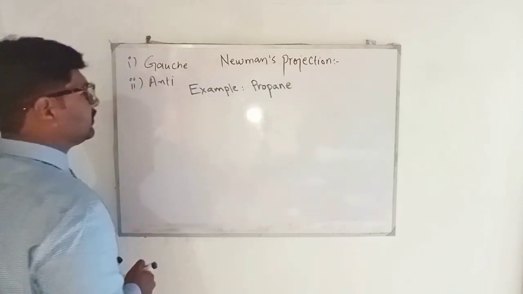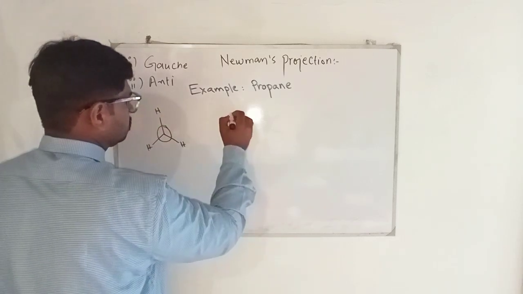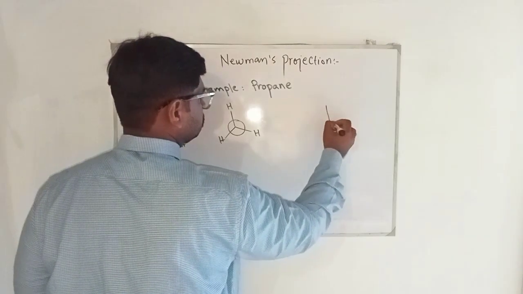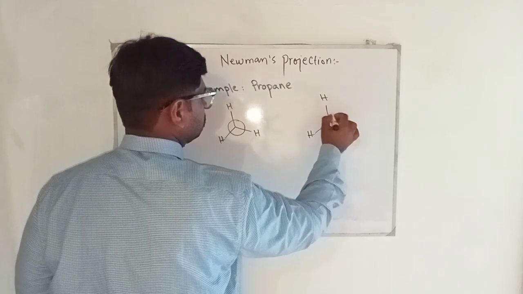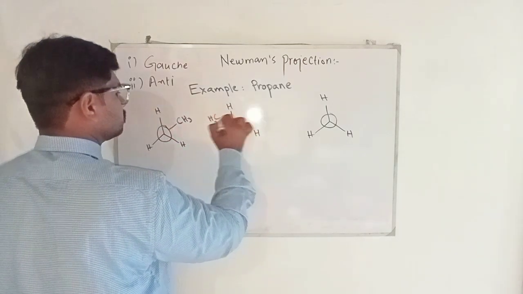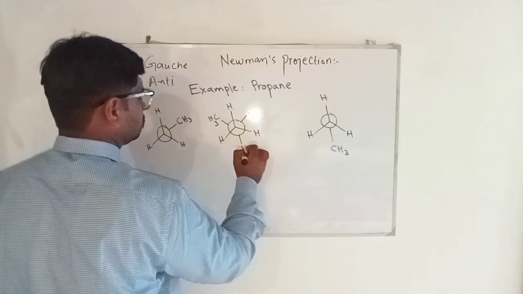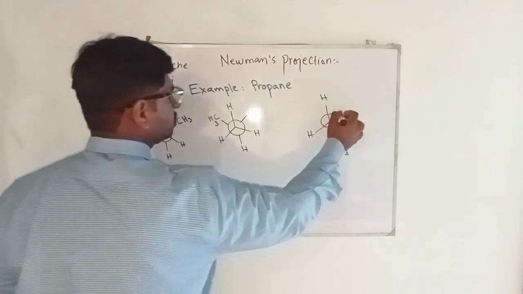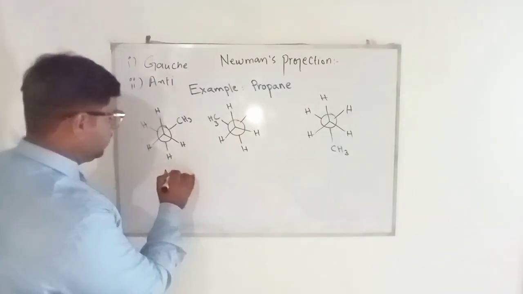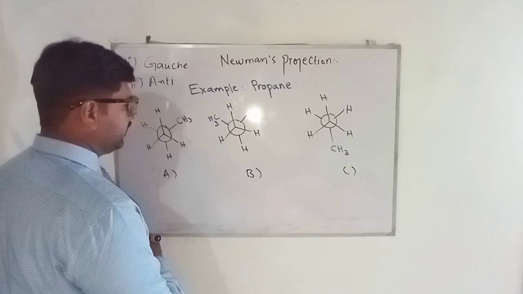Now you have to identify, here I have drawn three structures, and I am going to label it as A, B, and C. Now the question is, which of the following is gauche conformation or anti-conformation?